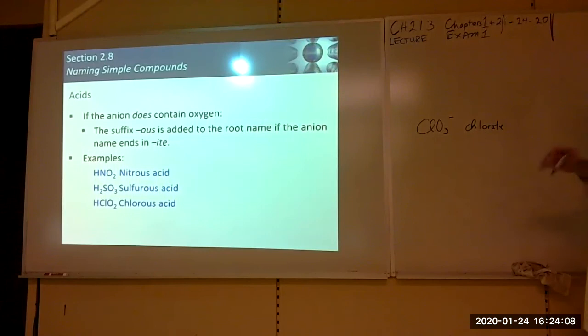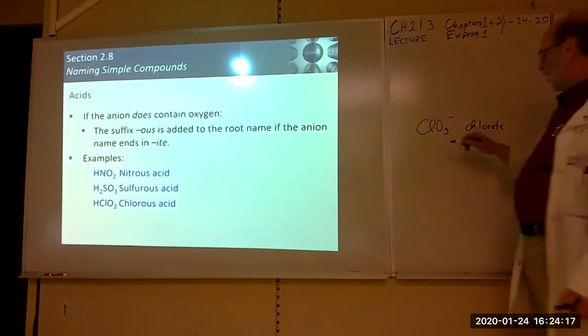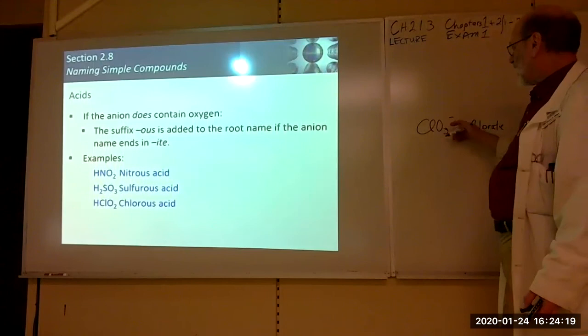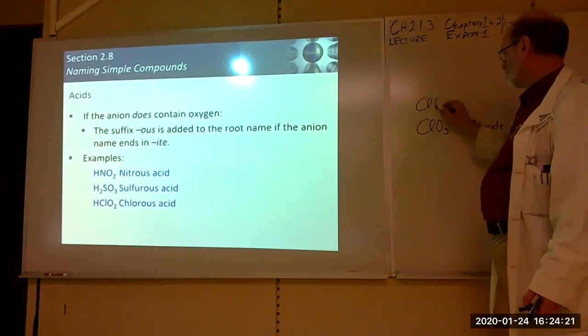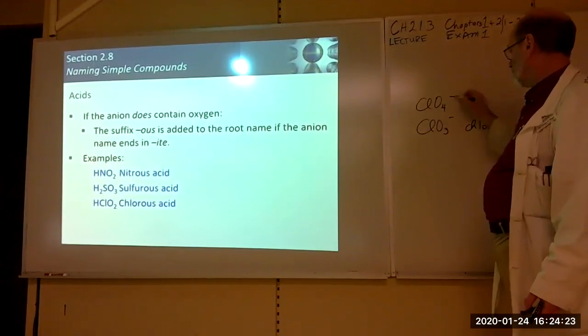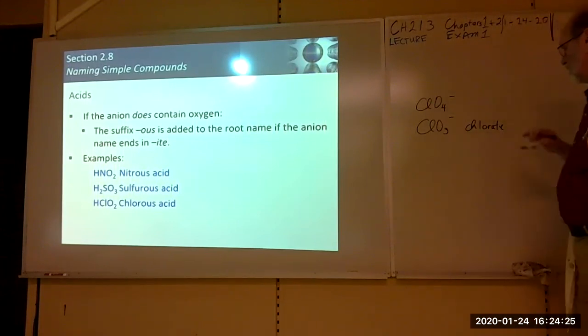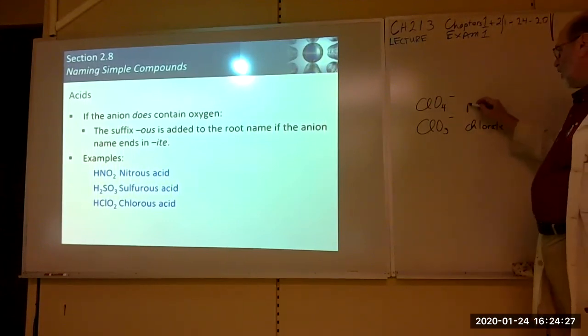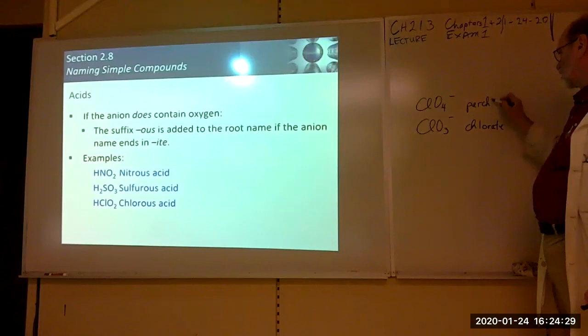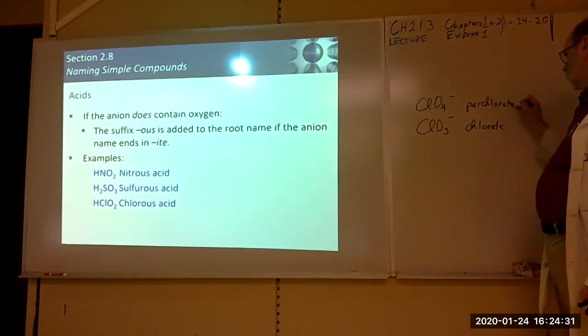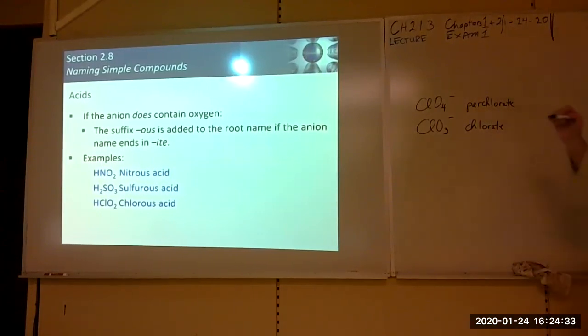So if you add hydrogen to that, it would be chloric acid. If you add an oxygen, then it becomes perchlorate. And then the acid from that is perchloric acid.